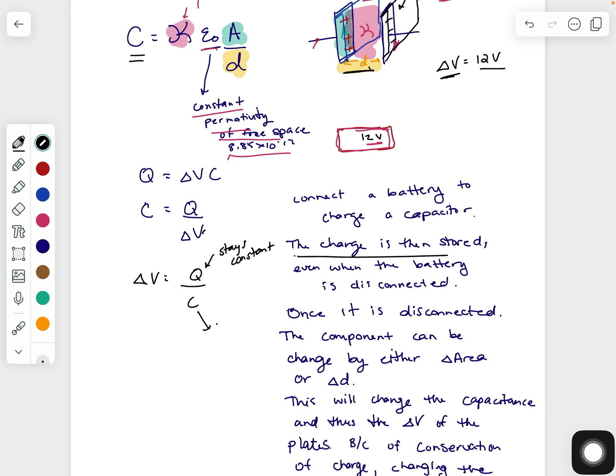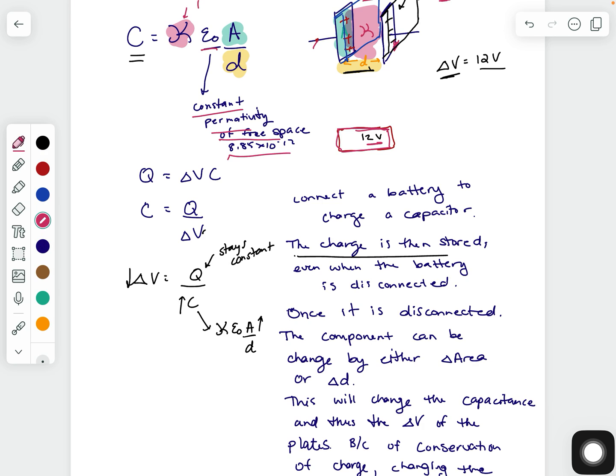and C is equal to kappa epsilon naught A over D, then if we increase the area, we would increase the capacitance, which would decrease the amount of voltage, the potential difference on the plates.